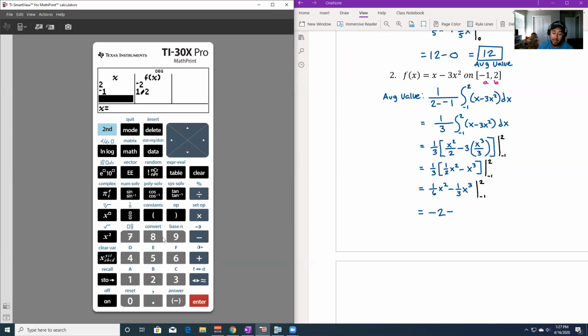And you get 1/2, or make it 0.5. So -0.5. And -2 minus 0.5, -2.5.